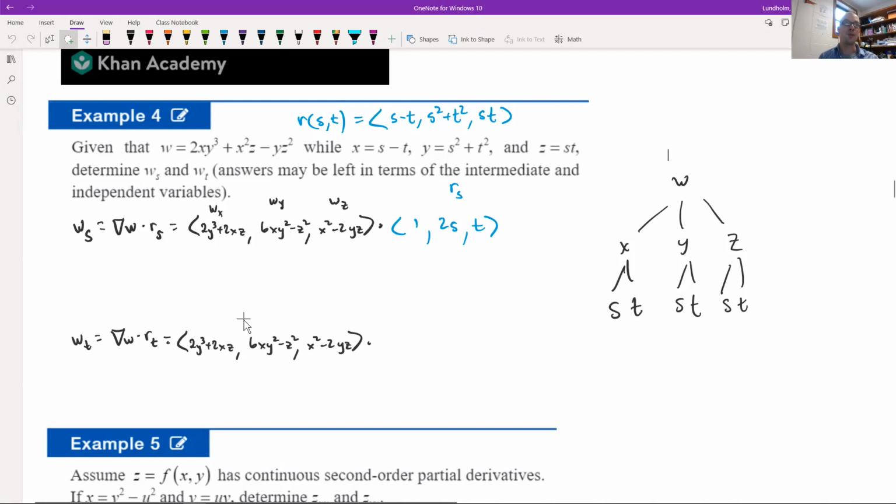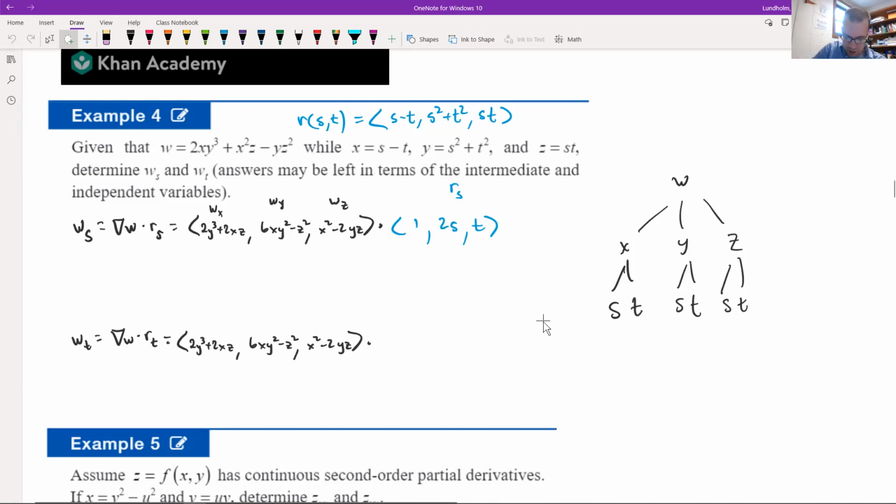And then you truly would have a function of s and t like you were hoping to have for your partial derivative of w with respect to s. So yeah, you can do that.